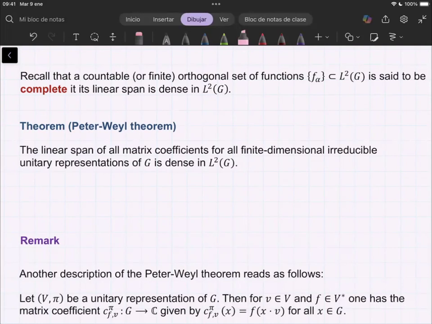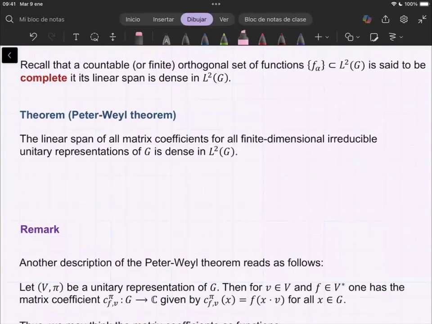So to understand the functions in L2 of G, we only need to understand the matrix coefficients of the irreducible representations, because we can take combinations. This is a very classical statement of the Peter-Weyl theorem that one can find in a lot of books.